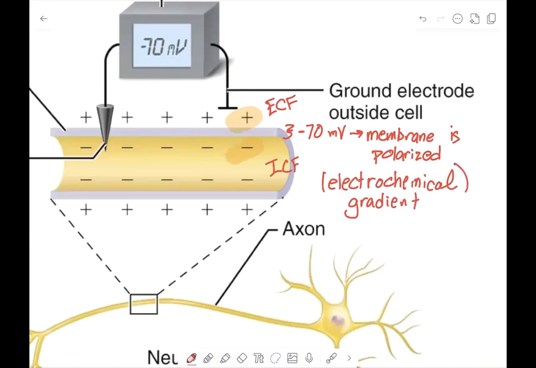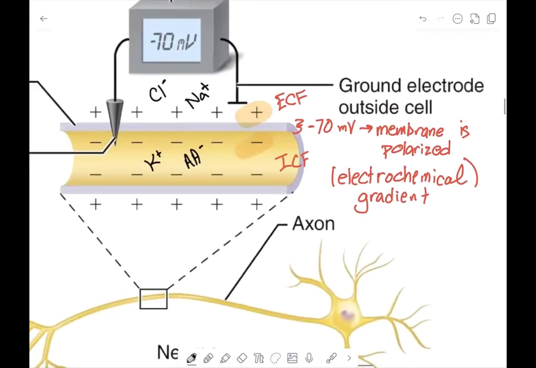There's a difference in charges, which you can clearly see. Also, there's a difference in ions. There's sodium ions, chloride ions, potassium ions on the inside, as well as amino acids, which are negatively charged. But the difference between the outside means that the inside has a charge of negative 70 compared to the outside.